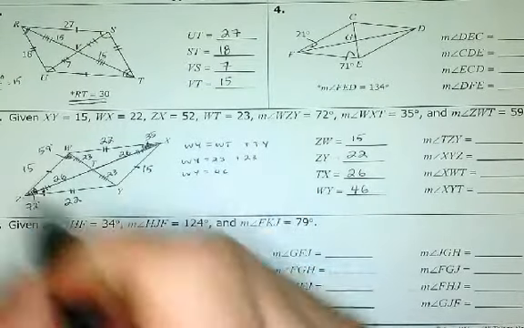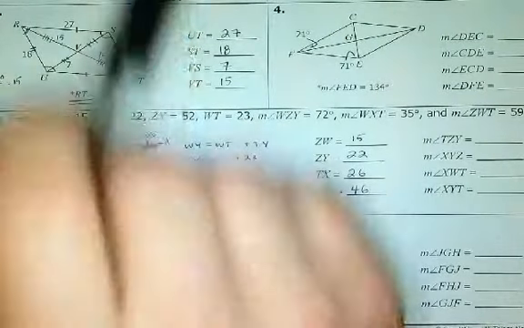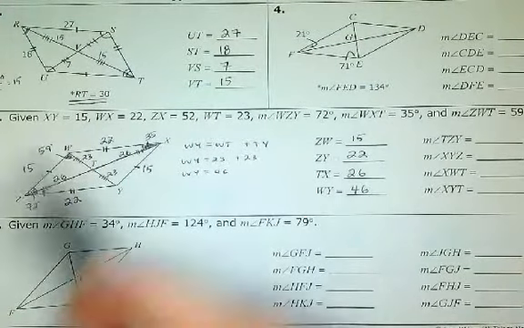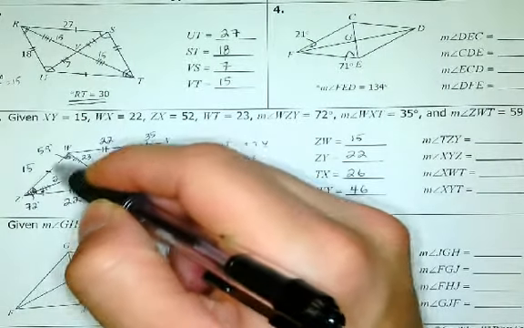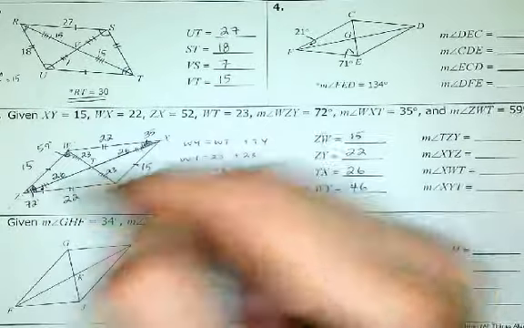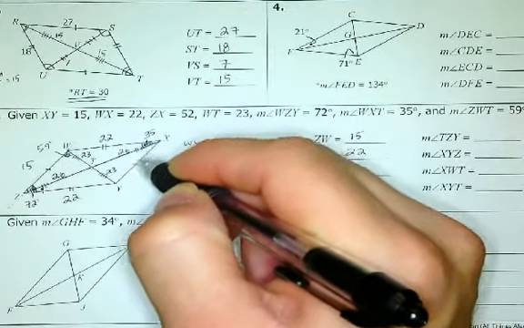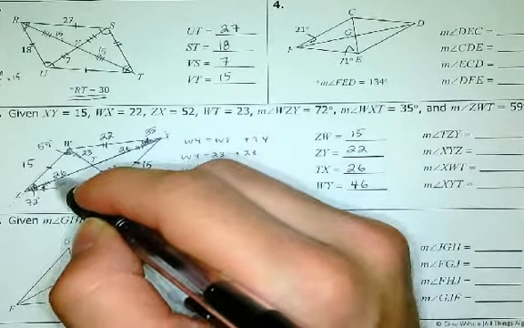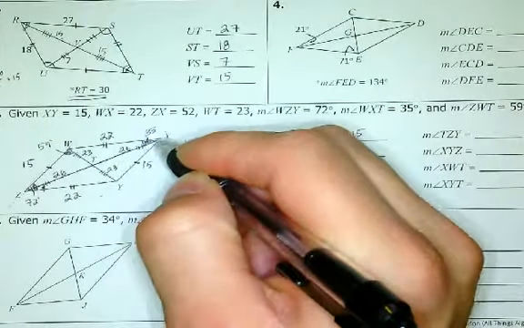Remember, because of our properties of parallelograms that we did up at the top, opposite sides are parallel. So if I look here at WZ and XY, those two lines are parallel to each other, and ZX is a transversal line.